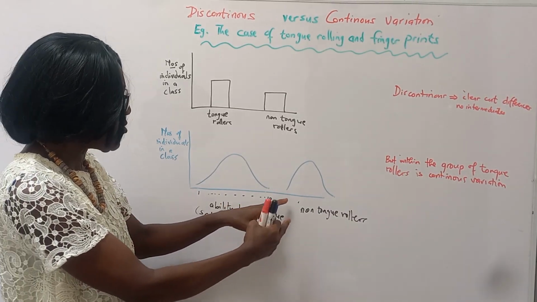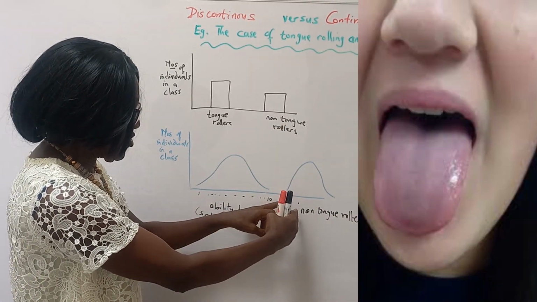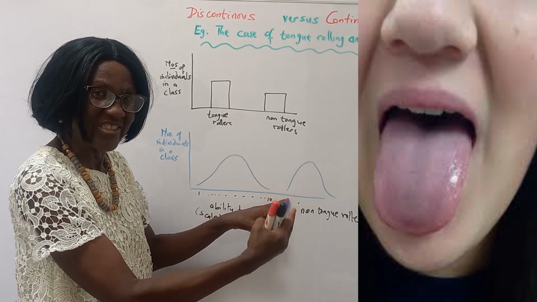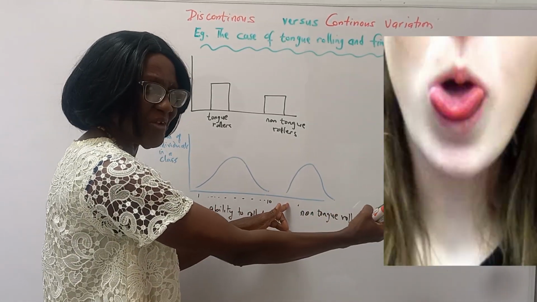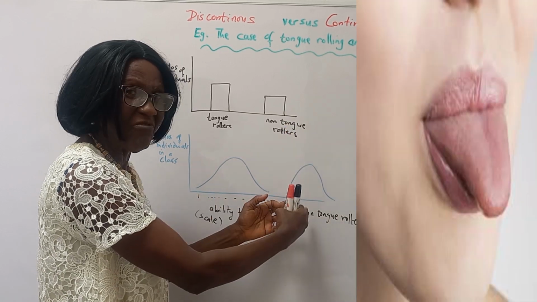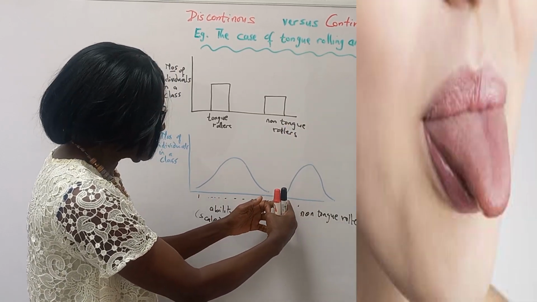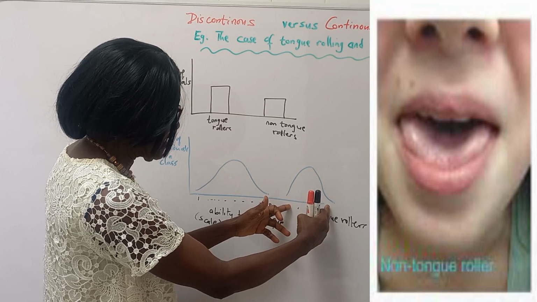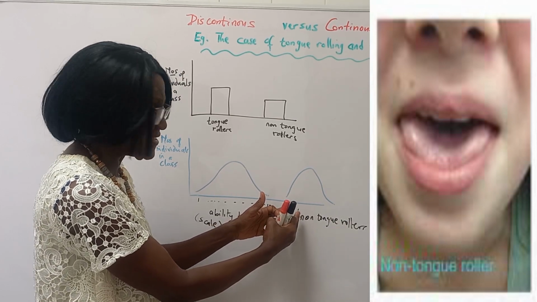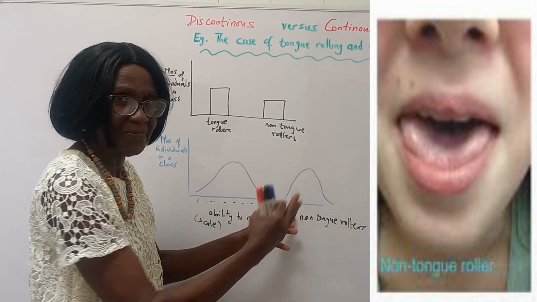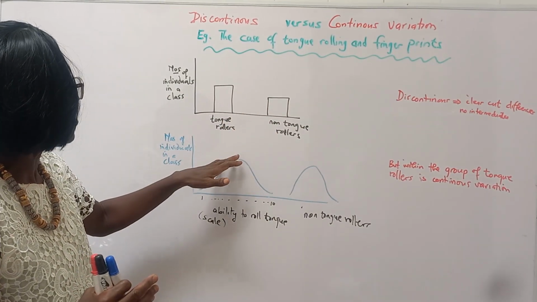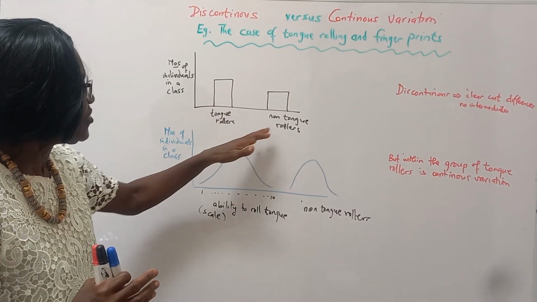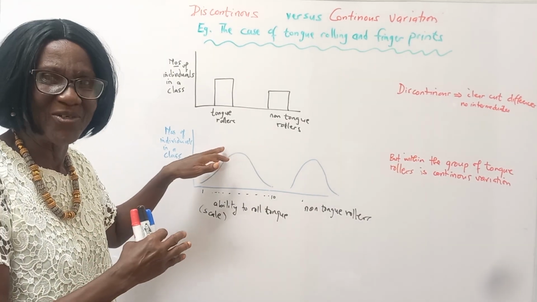In the same way, non-tongue rollers, if we have measures to measure how non-tongue rolling goes on, the length of it, the breadth of it, in various individuals, we will see continuous variation where there are differences that show smooth gradation. We now want to look at fingerprints to show that within this discontinuous variation is continuous variation.